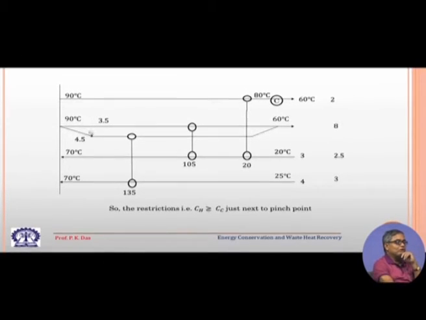So, here we are showing the stream has been split into 2. Now, you see we are starting from the pinch point, and one heat exchanger we propose like this, and how we have split the heat capacity rate, one is 3.5 and another is 4.5, these are the heat capacity rates.